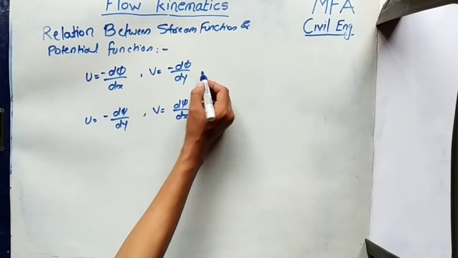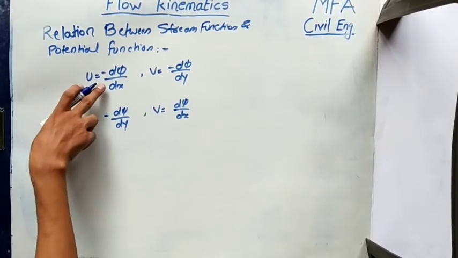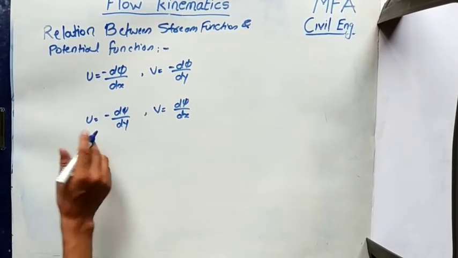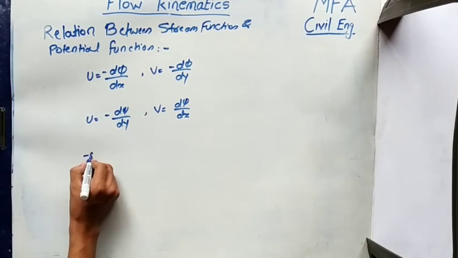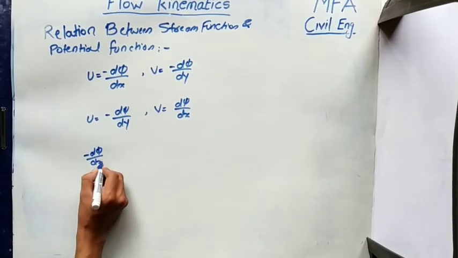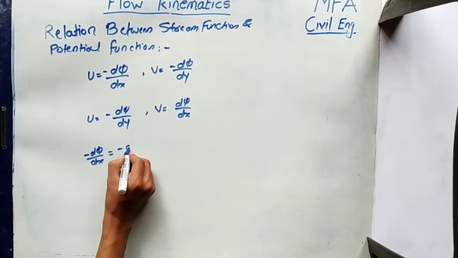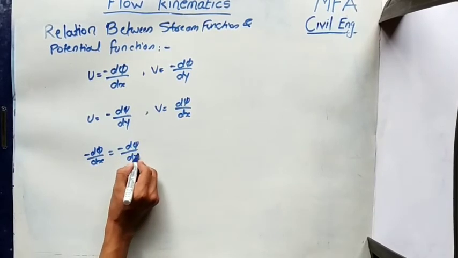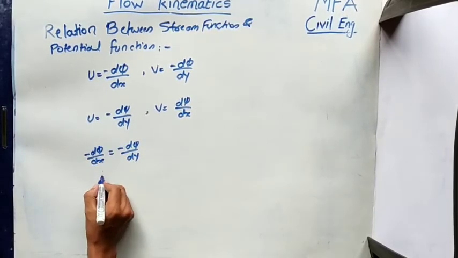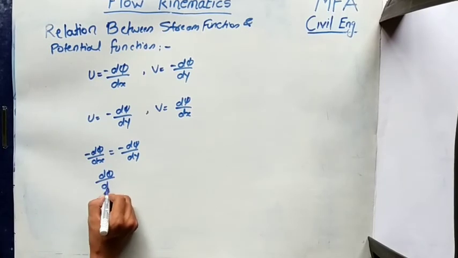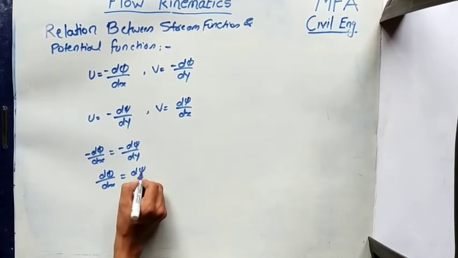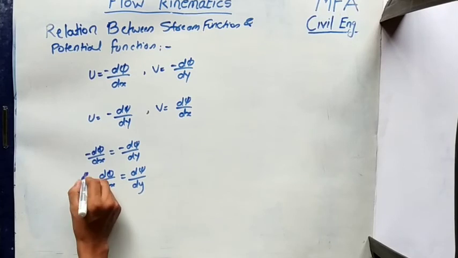Now putting the value of u as minus d phi by dx in this equation, minus of d phi by dx is equal to minus of d psi by dy. Minus and minus get cancelled, meaning d phi by dx is equal to d psi by dy.